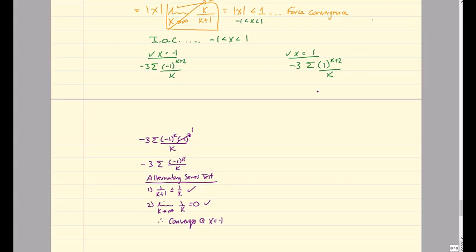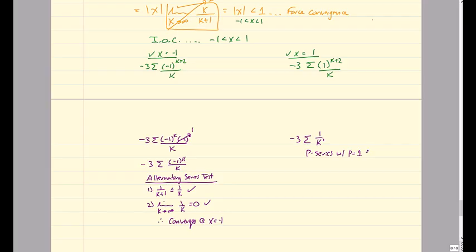Okay, now let's come up here to x equal 1. So for x equal 1, I have a negative 3 out front. And this 1 to the k plus 2, 1 to anything is 1. So this is just 1 over k. Well, negative 3, I'm just dragging this along. This is a p series with p equal to 1. So this is a divergent harmonic p series.